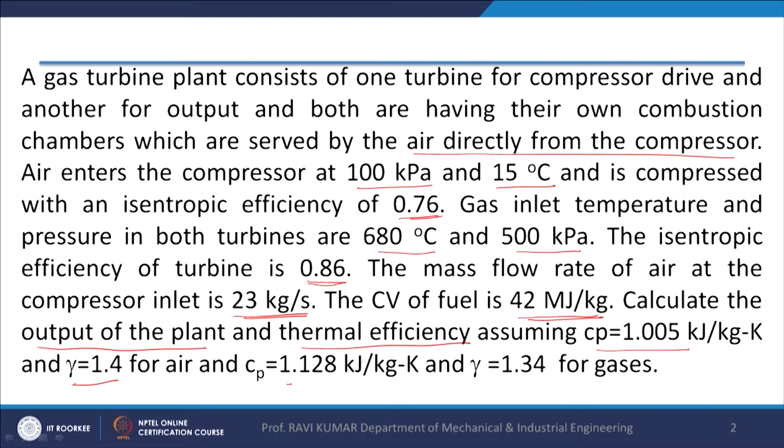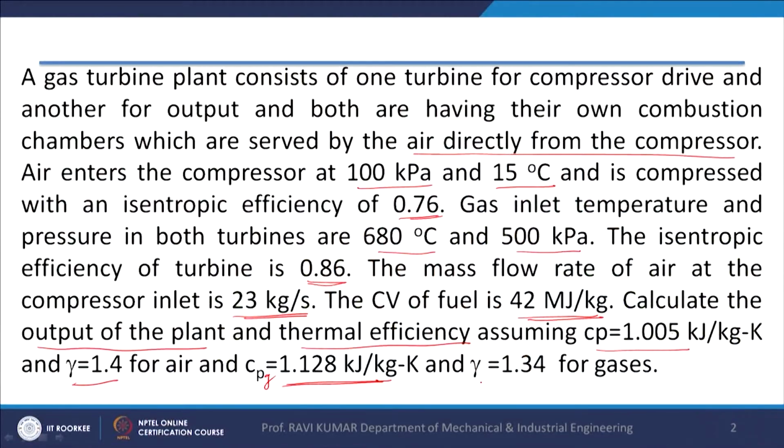This is, you can see here, specific heat of flue gases. This is specific heat of the gases. So, this is 1.128, it is higher than the specific heat of the air, because here after burning, the fuel is also mixed with the air, and gamma for this is also 1.34, right.